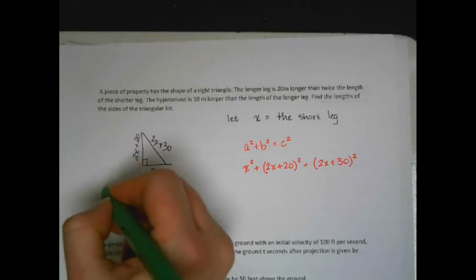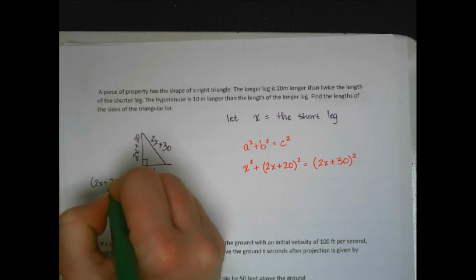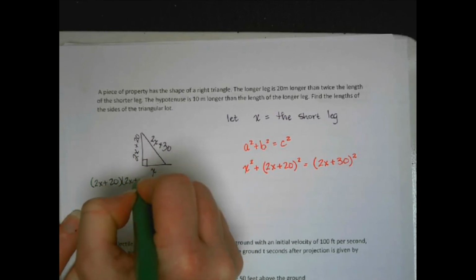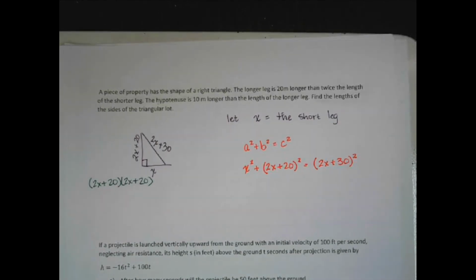I'm going to come over here to the side and do that so that I'm not taking all my space. So 2x plus 20 times 2x plus 20. Remember, squaring is multiplying something by itself. And even though that 2x plus 20 is two separate terms, technically, it all represents one leg. So I have to square the leg times itself.